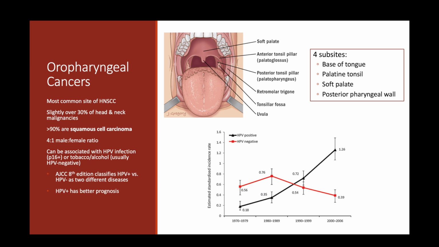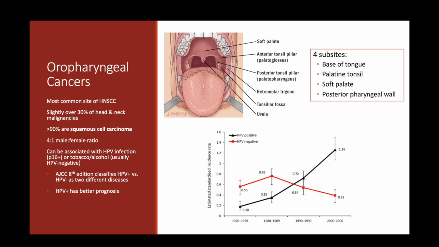In terms of their biology, there are 2 different biologies that make up oropharyngeal cancers: HPV positive and HPV negative. There's a surrogate marker for HPV, which is P16, and P16 positive or HPV positive are the same thing, cancers associated with HPV infection, and P16 negative are also HPV negative, and these cancers tend to be associated more with tobacco and alcohol versus HPV infection.